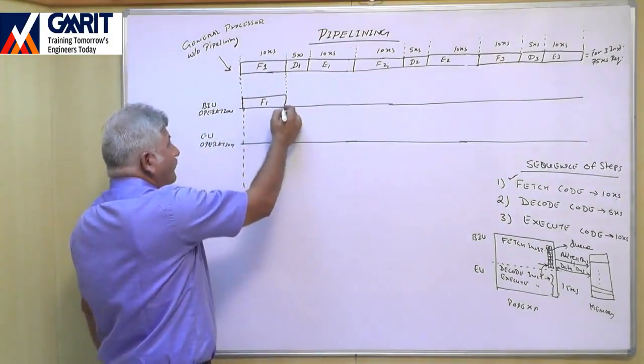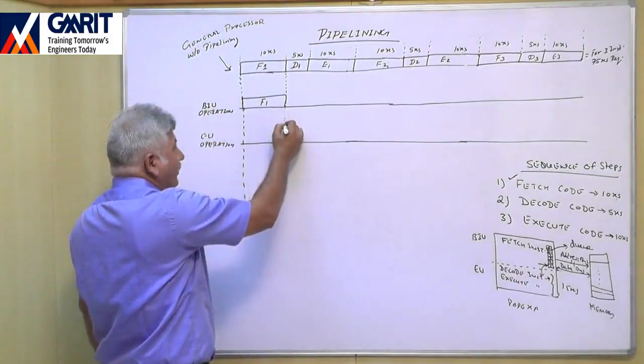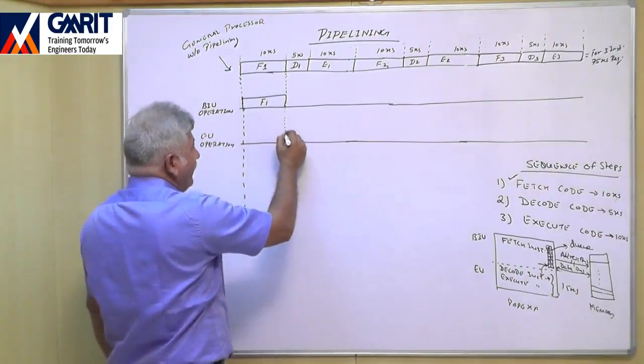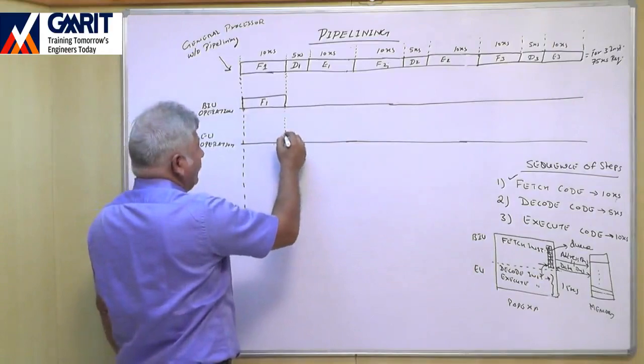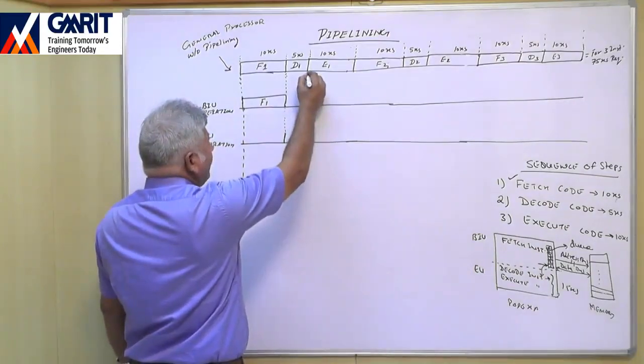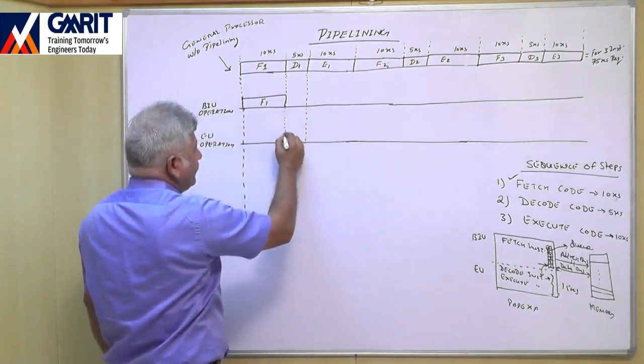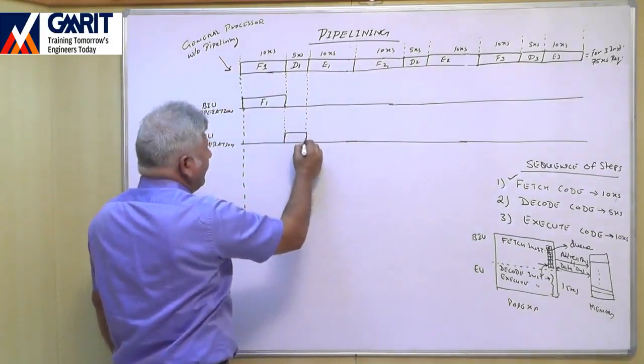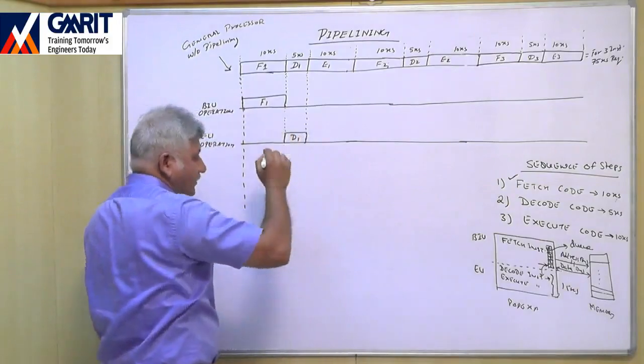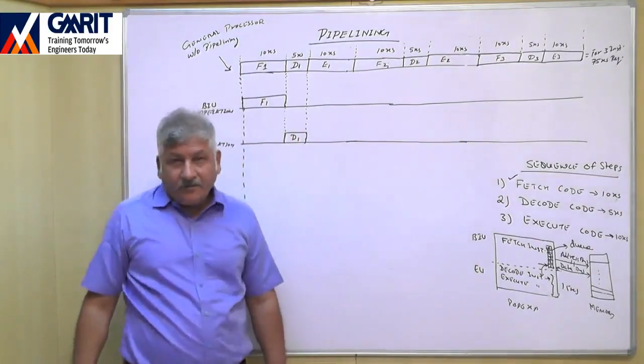After this, the decoding of that code will be done in the execution unit. It requires 5 microseconds, so in 5 microseconds it will be decoded. So it is the decoding of the first instruction, right?